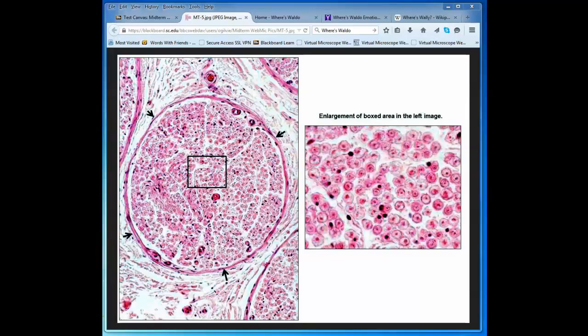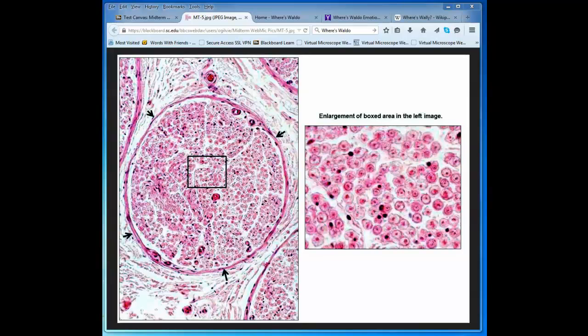Now, the question stated the structures in this enlargement are, and we wanted, first of all, nerve fibers or nerve fiber. However, with those two answers in the key, only 42% of the class got credit.